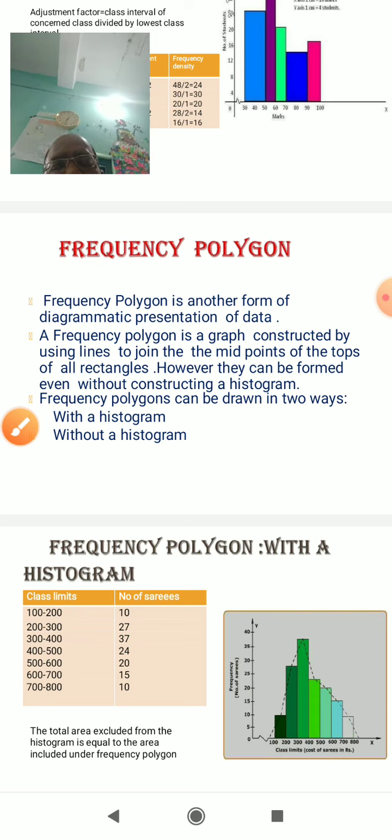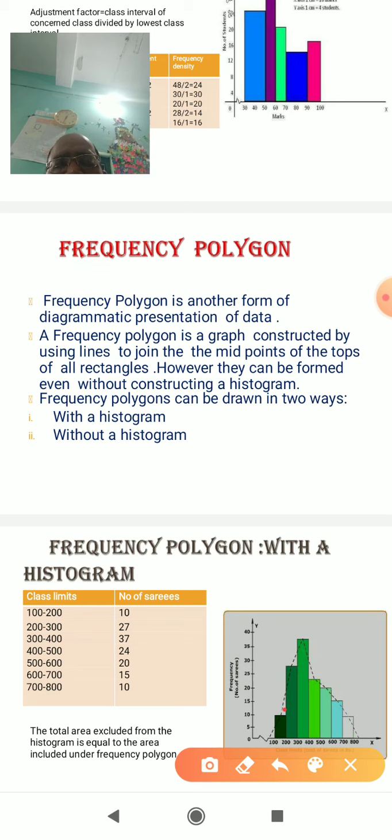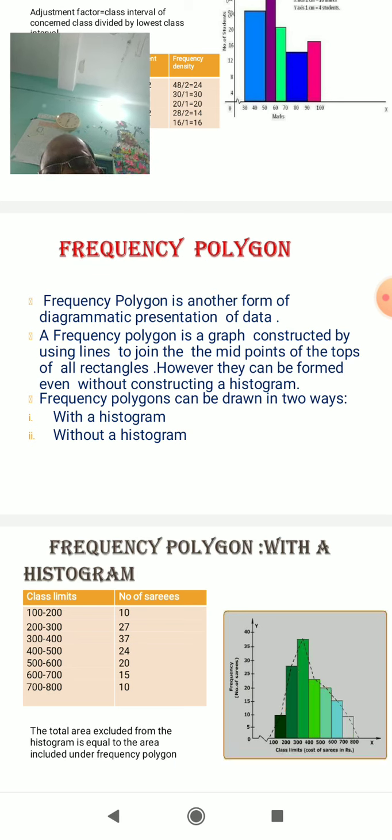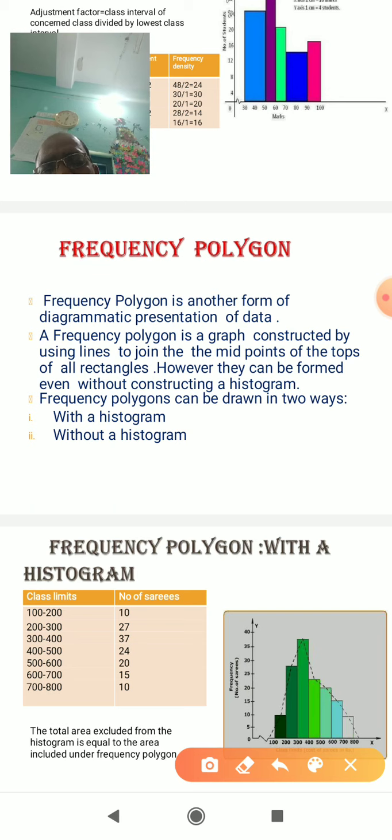Then we add the midpoint of each class interval. What is the midpoint of each class interval? 100 to 200, that is 150. Then 250, then 350, then 450, just like that. Then we join all these points and get the frequency polygon.